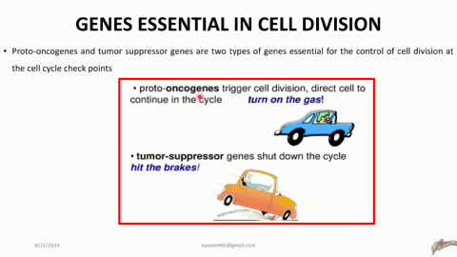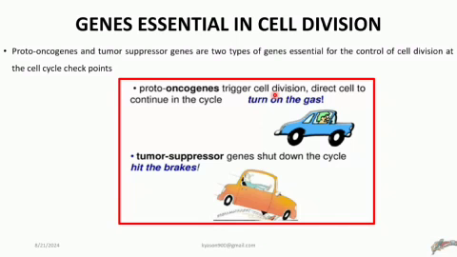The proto-oncogenes code for particular proteins that will trigger cell division to go on, proteins that allow the cell to go through the cell cycle.